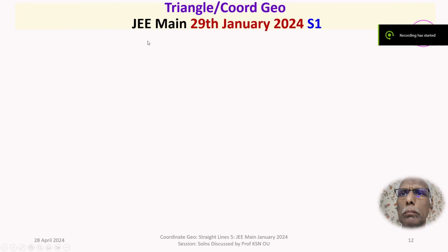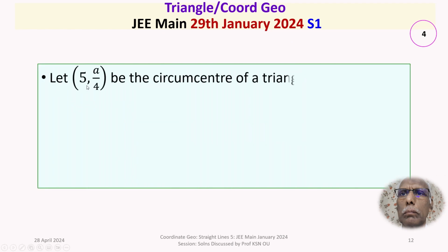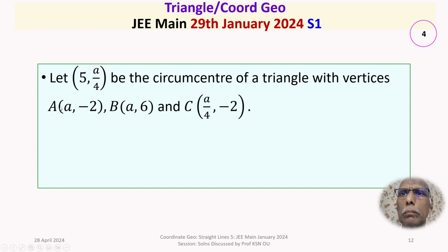This question has appeared in the JEE Main exam held on 29th January 2024 in the first shift. The given question is: let the ordered pair (5, a by 4) be the circumcenter of a triangle with vertices A with coordinates (a, minus 2), B with coordinates (a, 6) and C with coordinates (a by 4, minus 2).